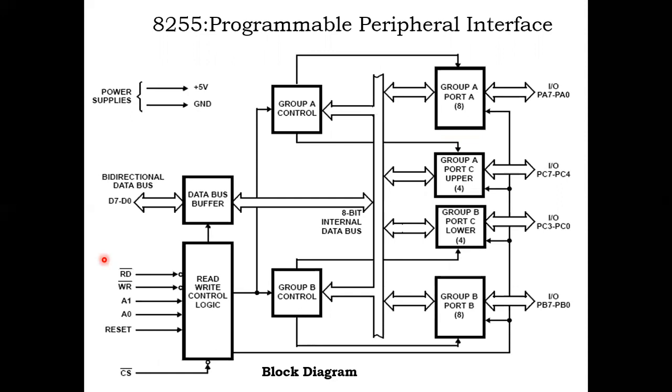The keyboard and the 8255 we can connect directly with the 8085. For keyboard and display, there is a separate controller, that is the 8279. It is not in our syllabus, but we need to know what the 8279 is, which controls both keyboard and display. We will discuss it in the next class.